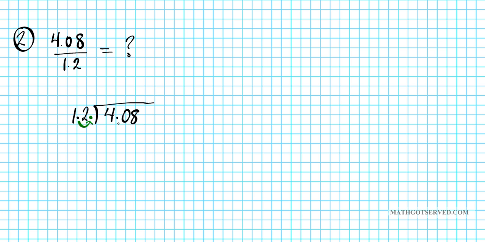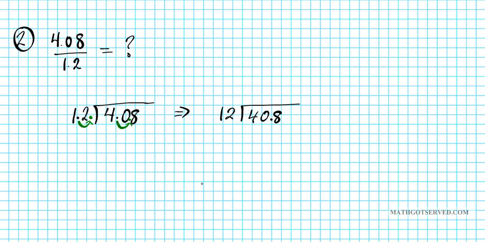Move the decimal point of the dividend an equivalent number of times, once. That is where the decimal point goes. So this problem now becomes 12 divided by 40.8. Okay, this is perfect because the divisor is not a decimal anymore.